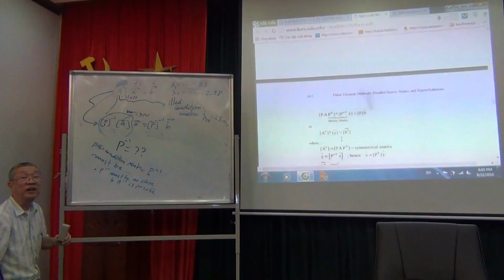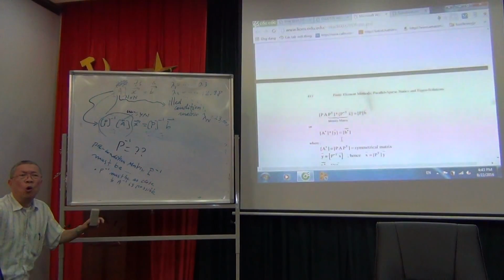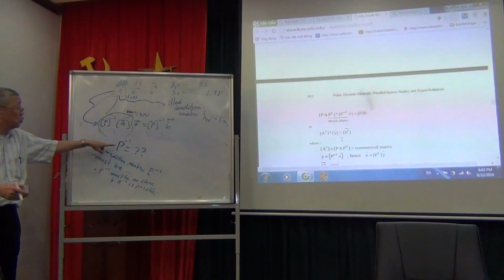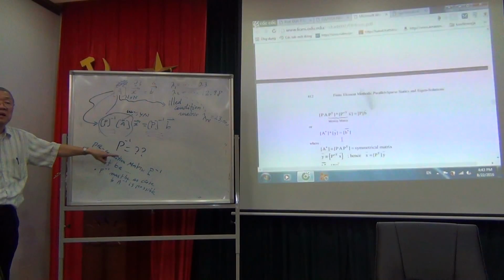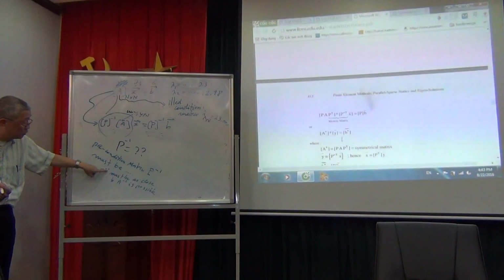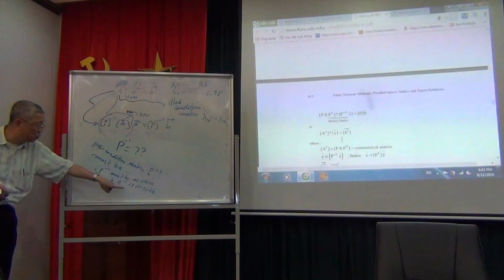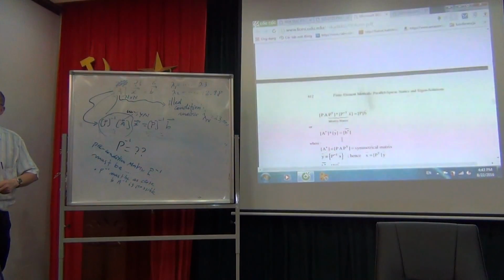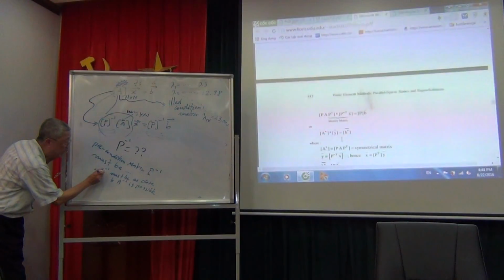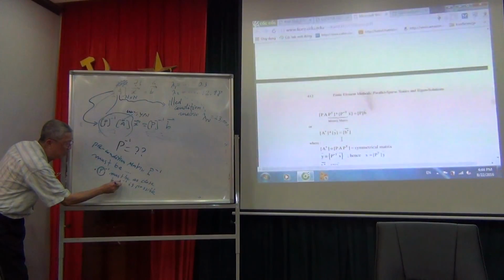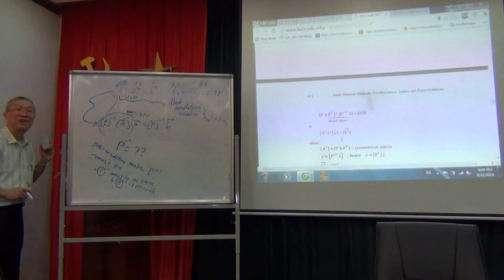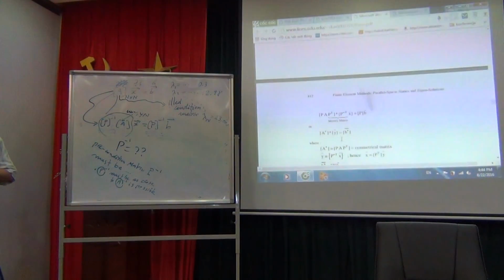That's the first criteria. Whatever the matrix P that you want to find, its inverse should be as close to A inverse as possible, which means the matrix P should be as close to A as possible. Do you understand? That's the first criteria.